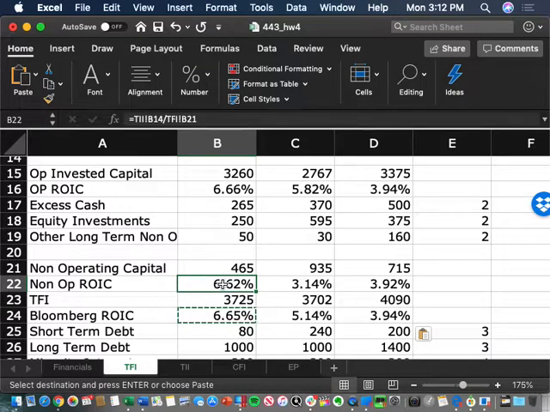So if I buy a manufacturing company, I care about how well you do making products and services, your operating ROIC. But if you're a manufacturing company and you start becoming your own venture capitalist and you go buy somebody else and start investing in their businesses, well, guess what? That's non-operating ROIC. It's not your core competency. I didn't buy you to go invest on my behalf in somebody else. I bought you because of what you do as a business.